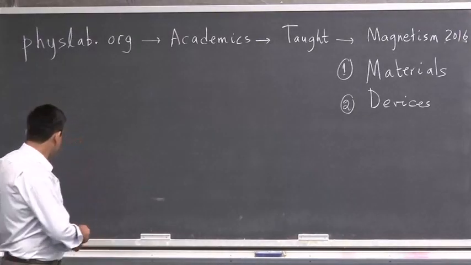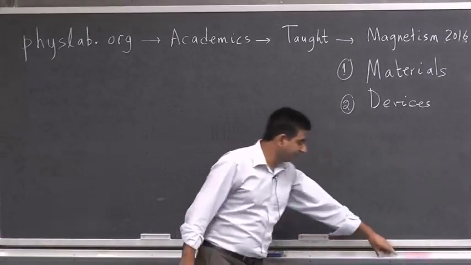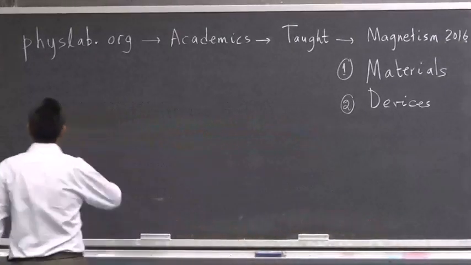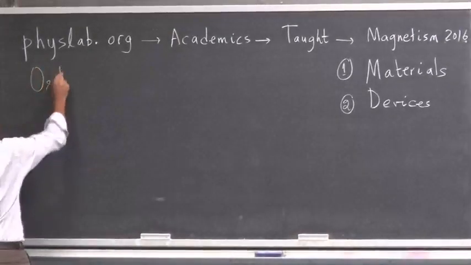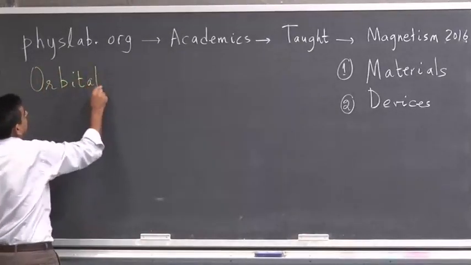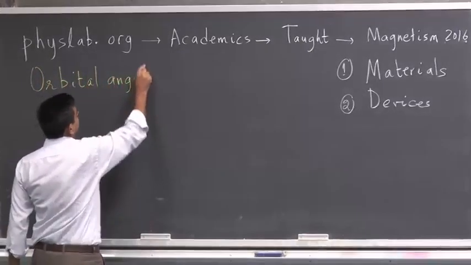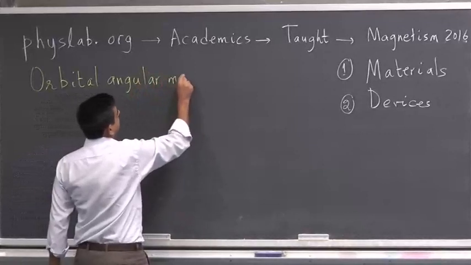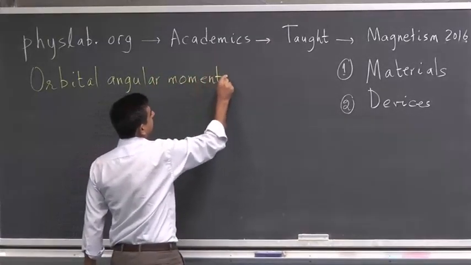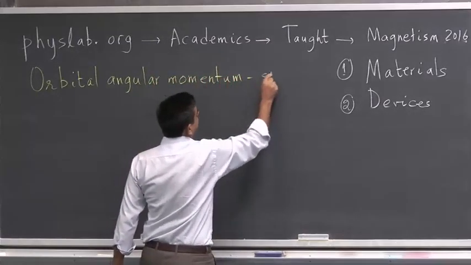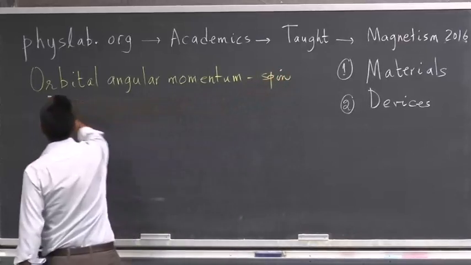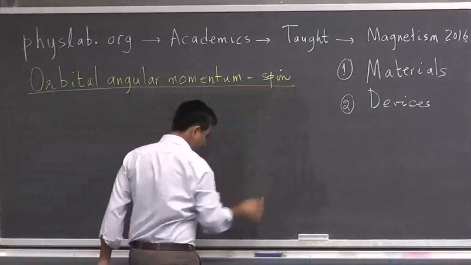So what we're going to start off with is the concept of orbital angular momentum and spin, because this is what forms the basis of magnetism.